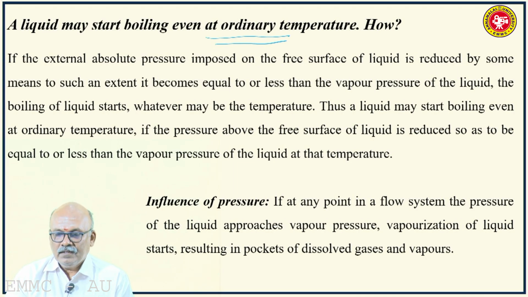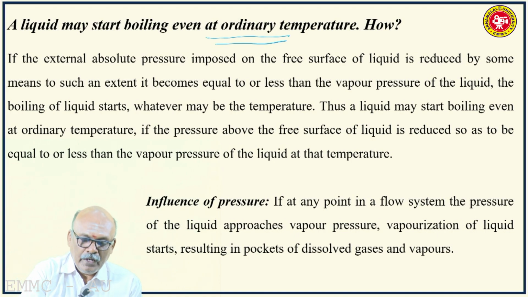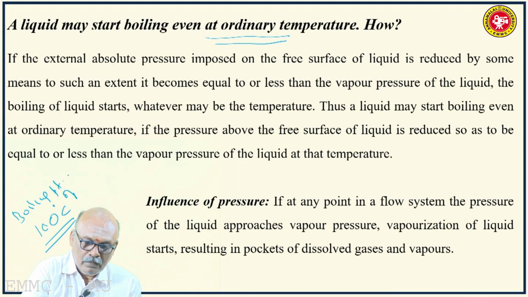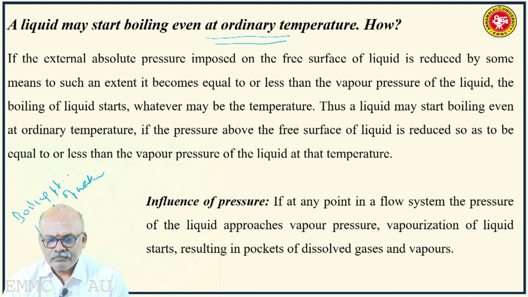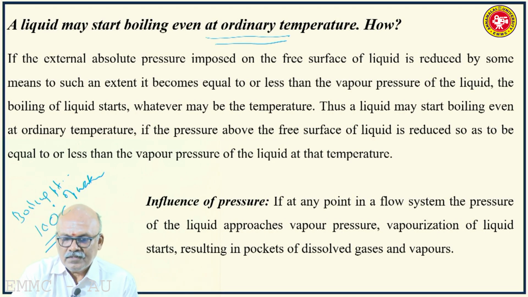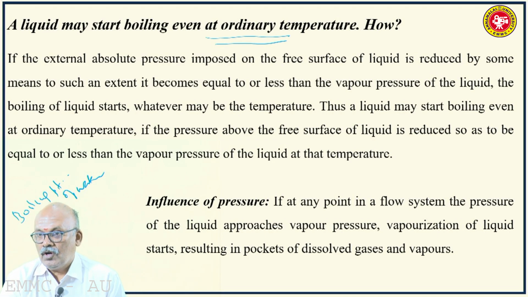Now, let us take the classical liquid, that is water. Boiling point of water is 100 degree centigrade. Now, a liquid may start boiling even at ordinary temperature. Ordinary temperature means, say, the room temperature or the ambient air temperature. So, how is it possible?